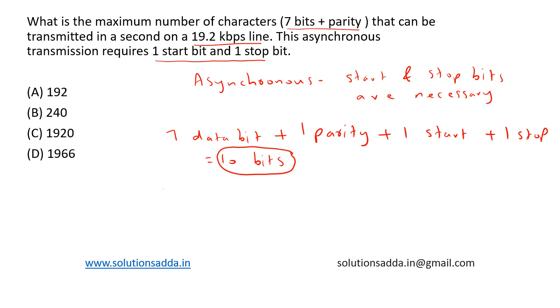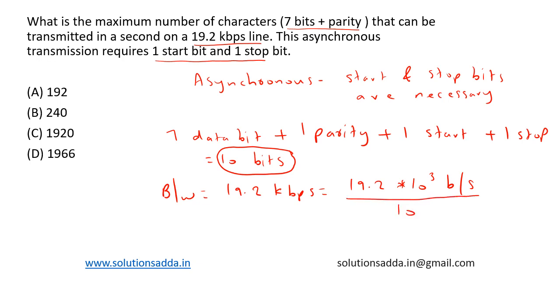Now the bandwidth is 19.2 kbps, which is equal to 19.2 into 10 to the power of 3 bits per second, and the total number of bits for one character is 10. So in a second it can have 1920 characters per second. So option C, 1920 is the right choice.